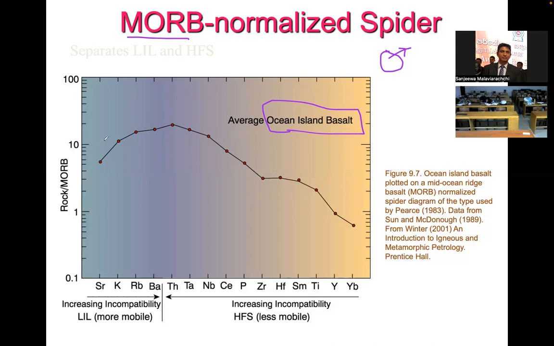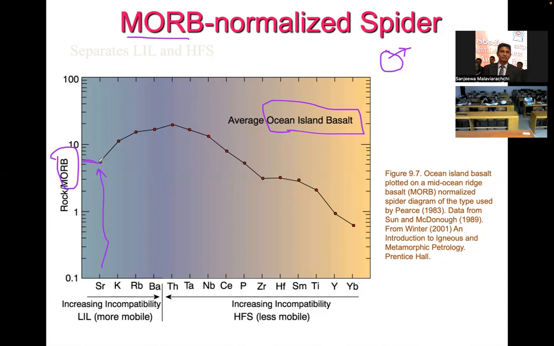So if you see the composition of the ocean island basalts, it looks like this when normalized to the mid-ocean ridge basalt composition, right? So that means the ocean island basalt composition is divided by MORB composition. If you just consider, for example, strontium, what is the number here?